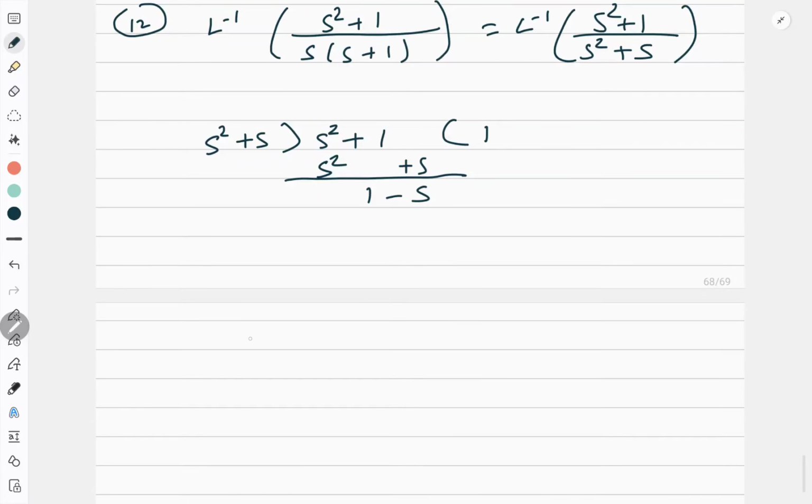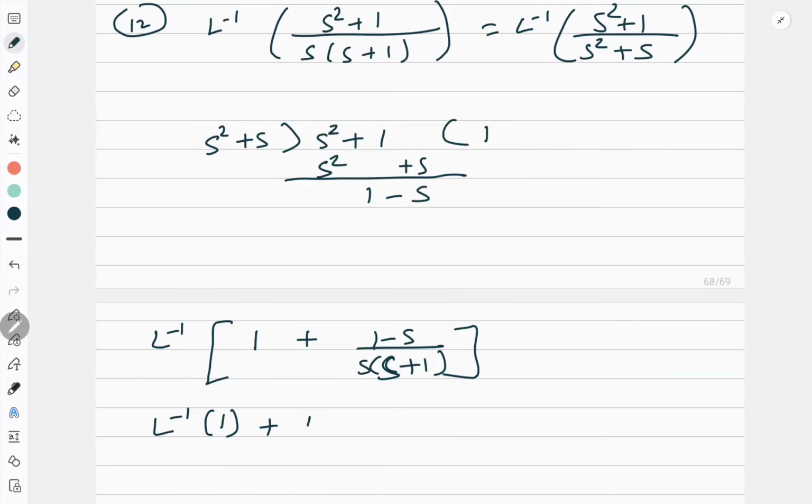So you will write this fraction as Laplace inverse of 1 + (1 − s)/(s² + s), which is s(s + 1). So this becomes case 1. So I can write Laplace inverse of 1 plus Laplace inverse of, I'll do the partial fraction. If I put s = 0, I'll get numerator 1 by 1, so 1/s.